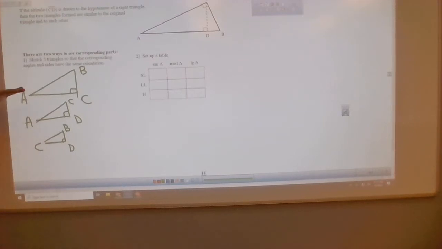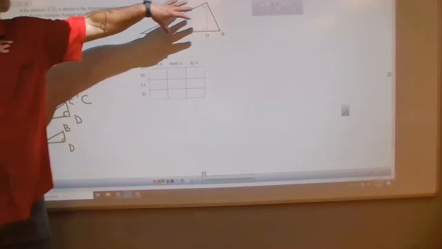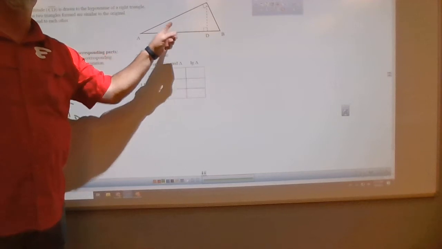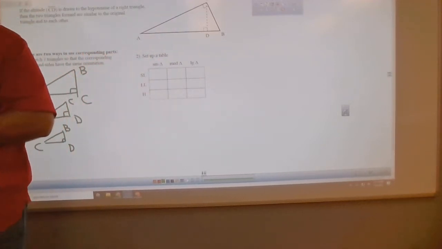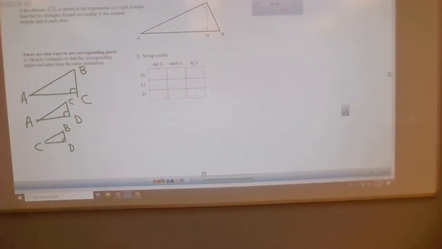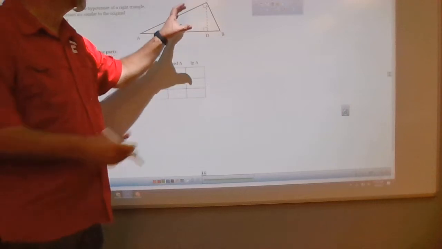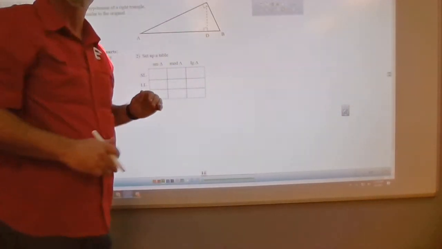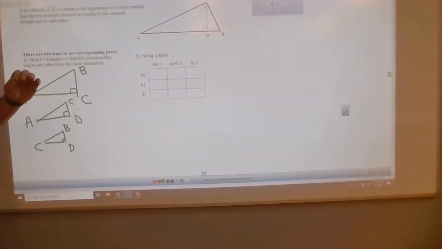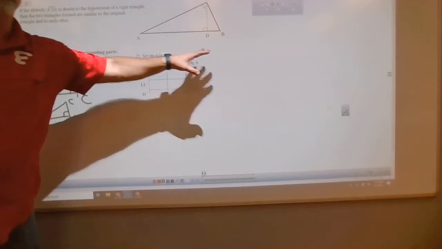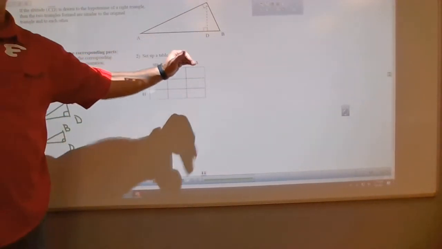Here's the thing. It's hard to pick them out. These three triangles are similar, so we're going to do proportions on them. But what's hard is picking out what corresponds, because of the different angles of the triangle. So we're going to make this box for each problem.